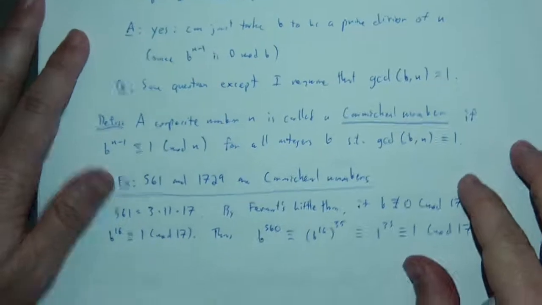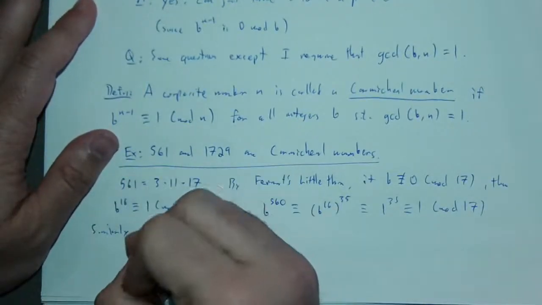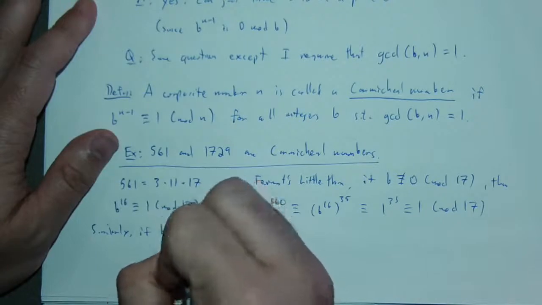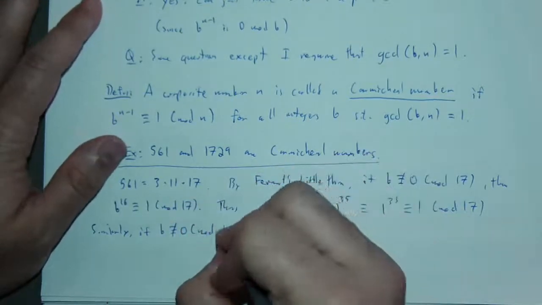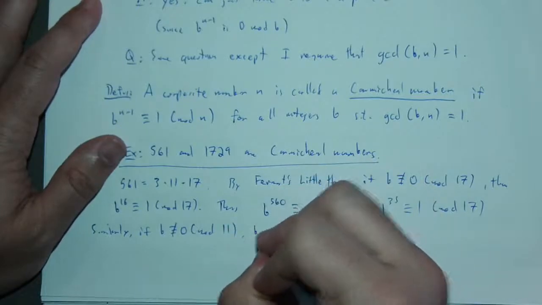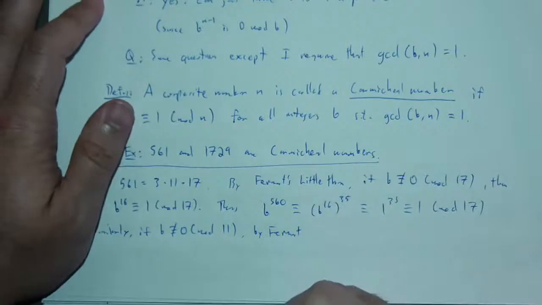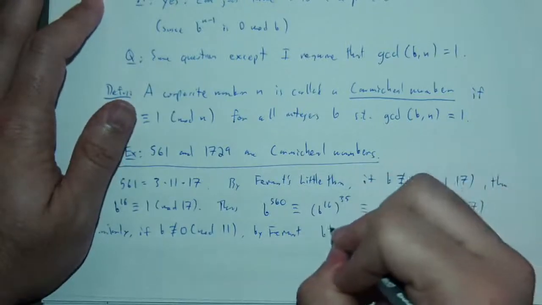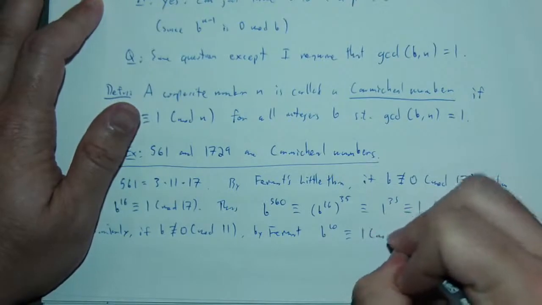Similarly, if b is not congruent to 0 mod 11, by Fermat, b to the 10 is congruent to 1 mod 11.